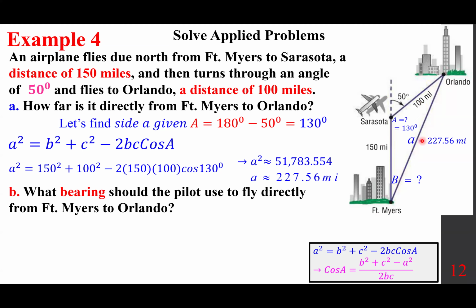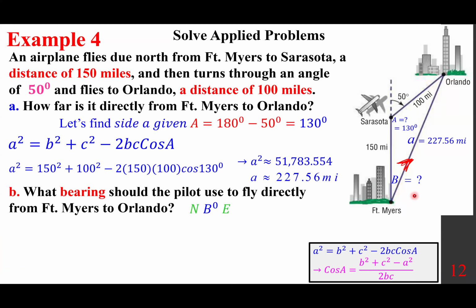We are going in this direction, so that's the direction. All you have to do is find B.